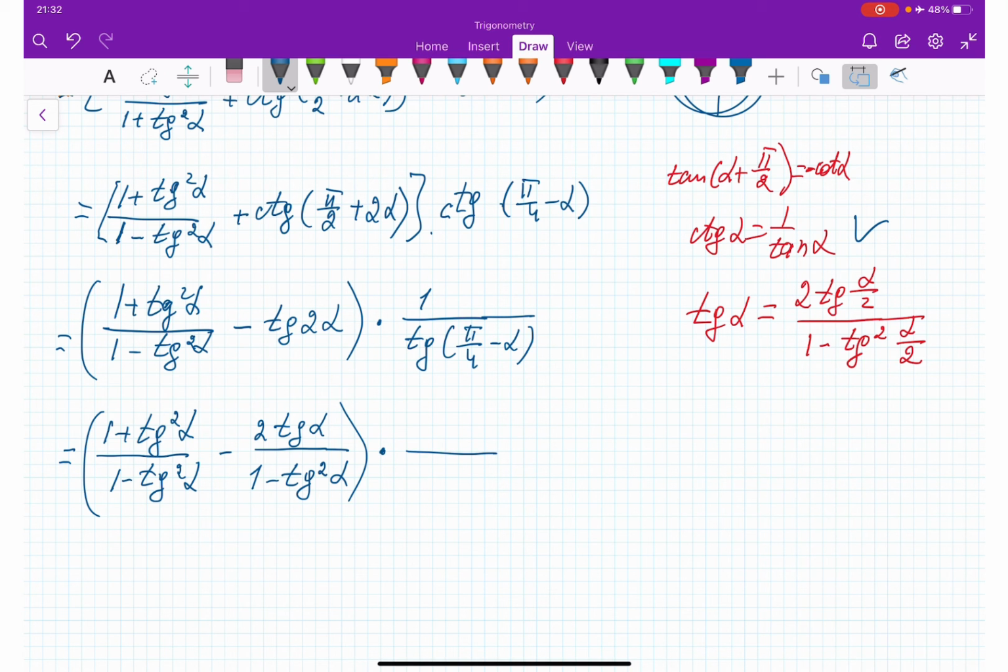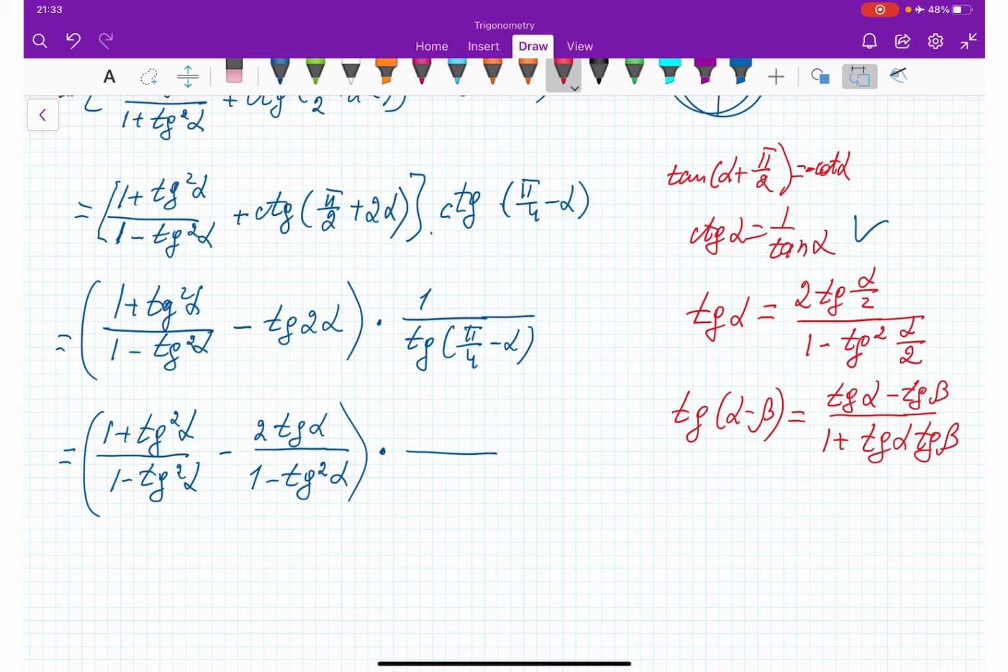So what is the formula for tangent pi over 4 minus alpha? So here is the formula. Tangent alpha minus beta is equal tangent alpha minus tangent beta divided by 1 plus tangent alpha and tangent beta.